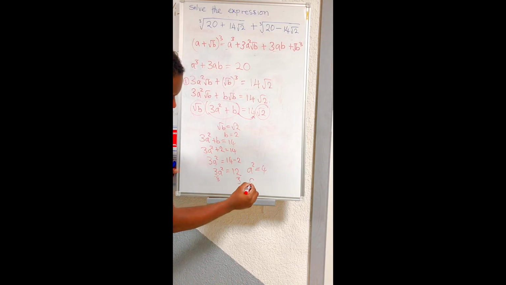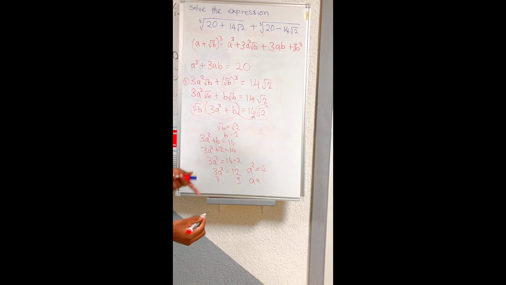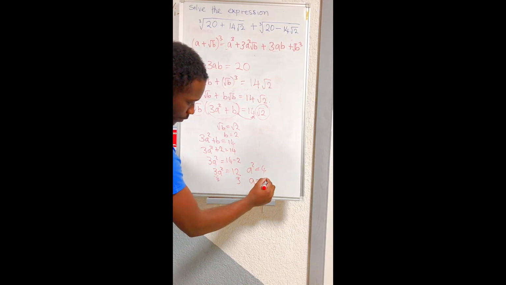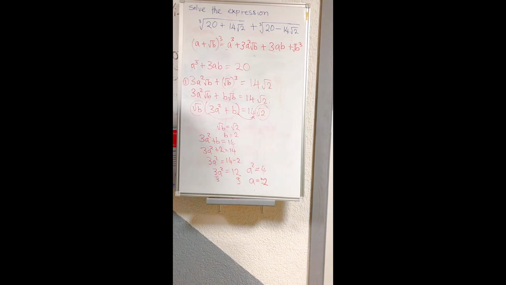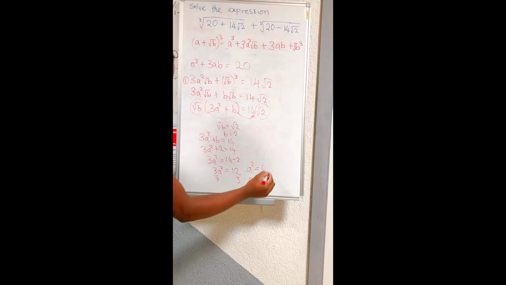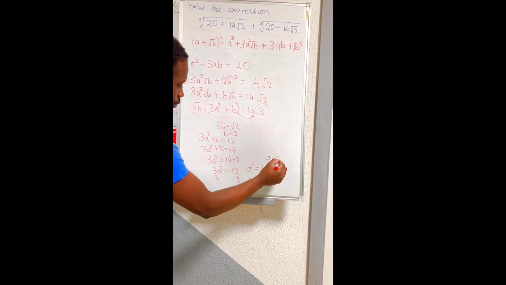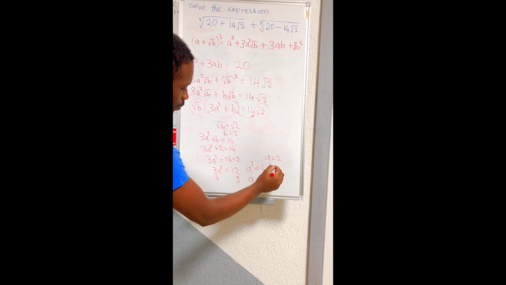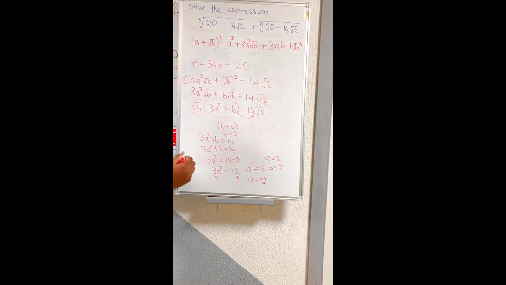Meaning your a is equal to 2 plus or minus. In this case, we shall take plus, or even if you want, you can take minus, it will still be the same thing. So here we say a is equal to 2 and b also is equal to 2.